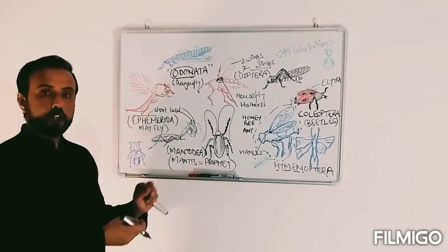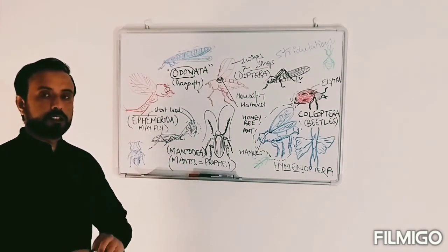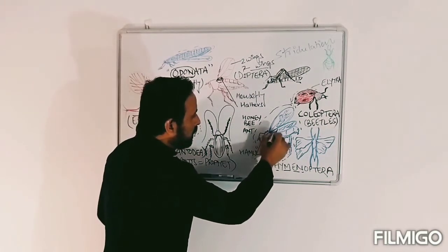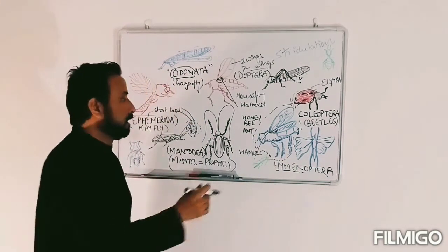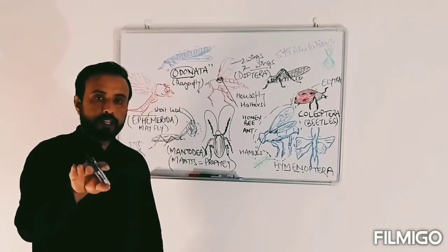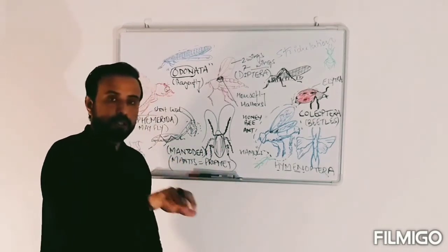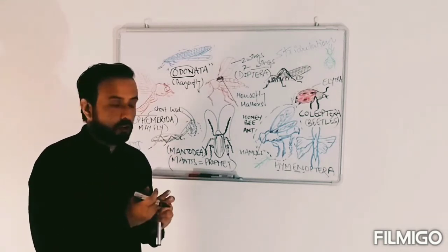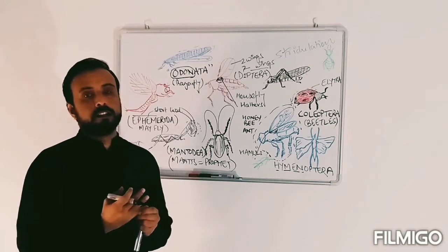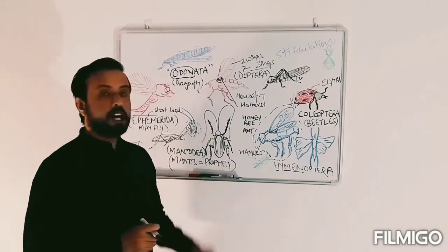By these hooks, the forewing and back wing are connected to each other, and the body from here is a bit constricted. If you see an ant or a bee, you will find a constricted body, right?